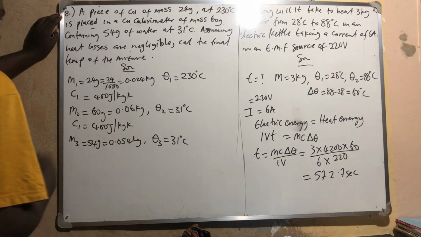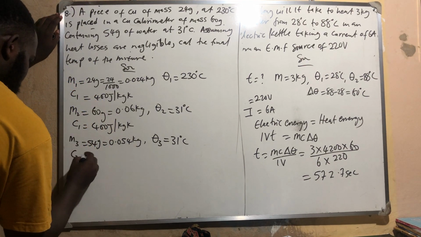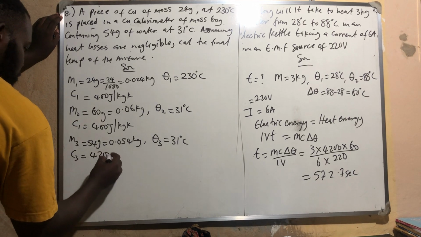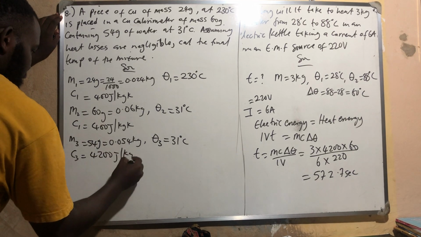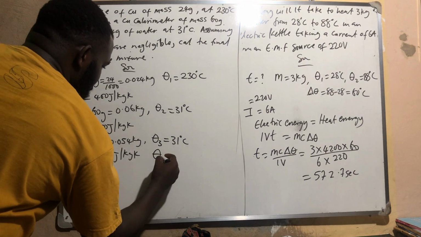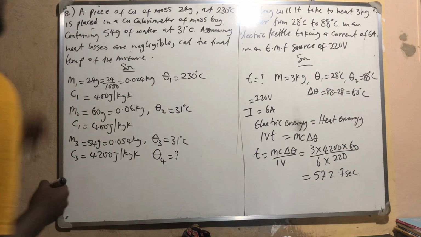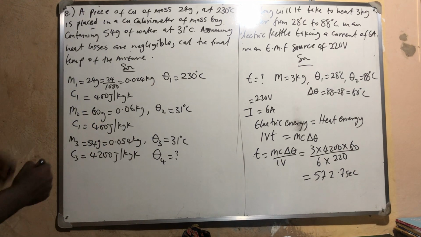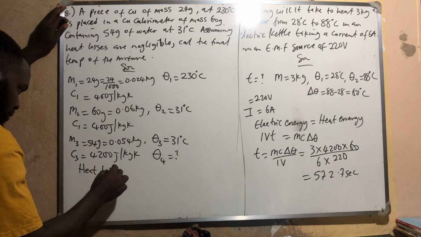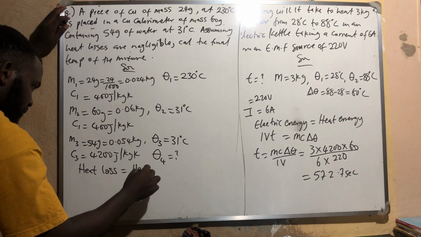Now C3 is the specific heat capacity of water, which is always 4200 joule per kg per Kelvin, even if they did not give it to you. So they are now asking us the final temperature, theta 4. Theta 4 is unknown. But don't forget that heat loss is equal to heat gained.